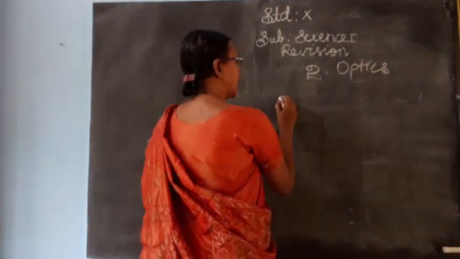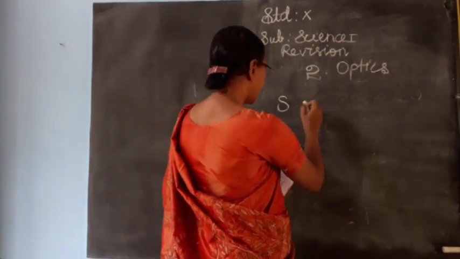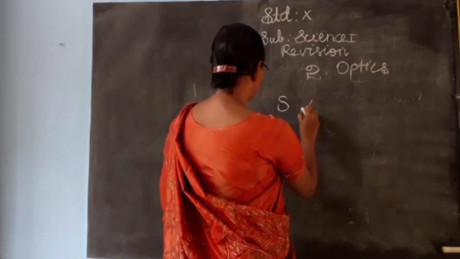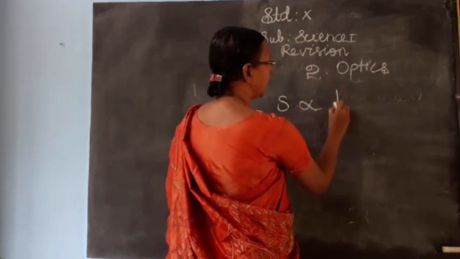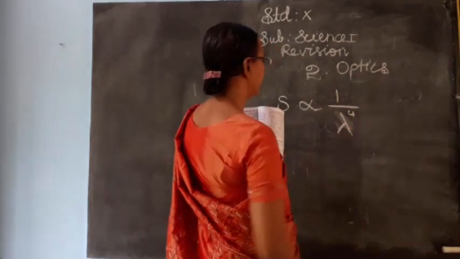So S is the amount of scattering of light, which is inversely proportional to the fourth power of its wavelength.